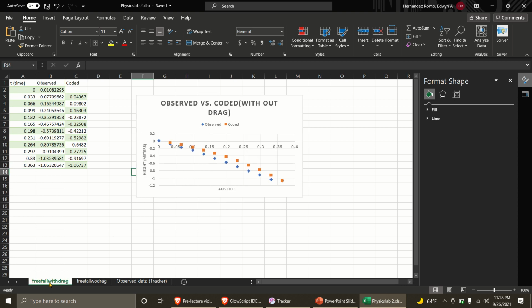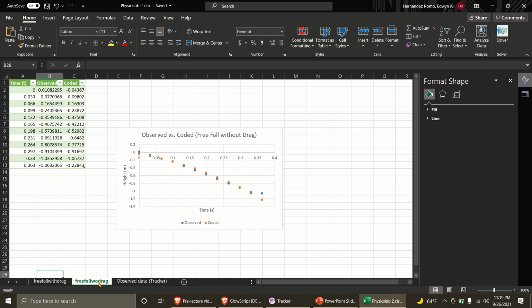And here's the one with drag. There's a larger difference here. As you can see, this is my time constant, and also here's the height. There's a larger difference here than in the other one without drag.